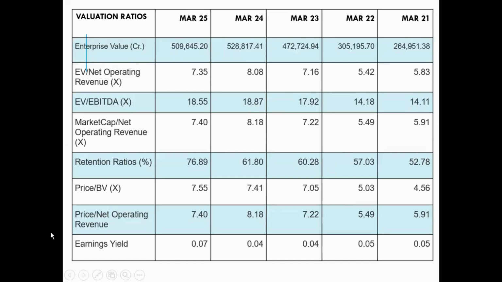Price to net operating revenue is 7.40, 8.18, 7.22, 5.49, and 5.81. Earning yield is 0.07, 0.04, 0.04, 0.05, and 0.05.